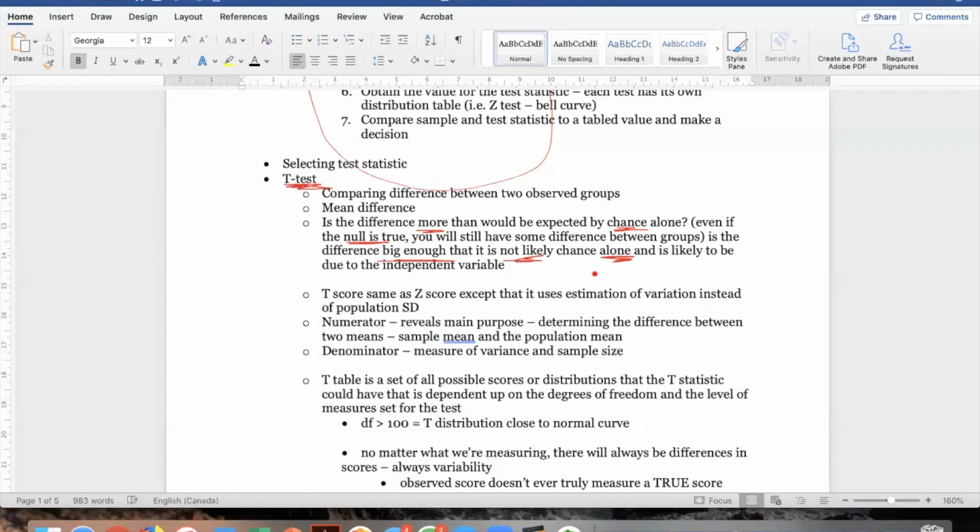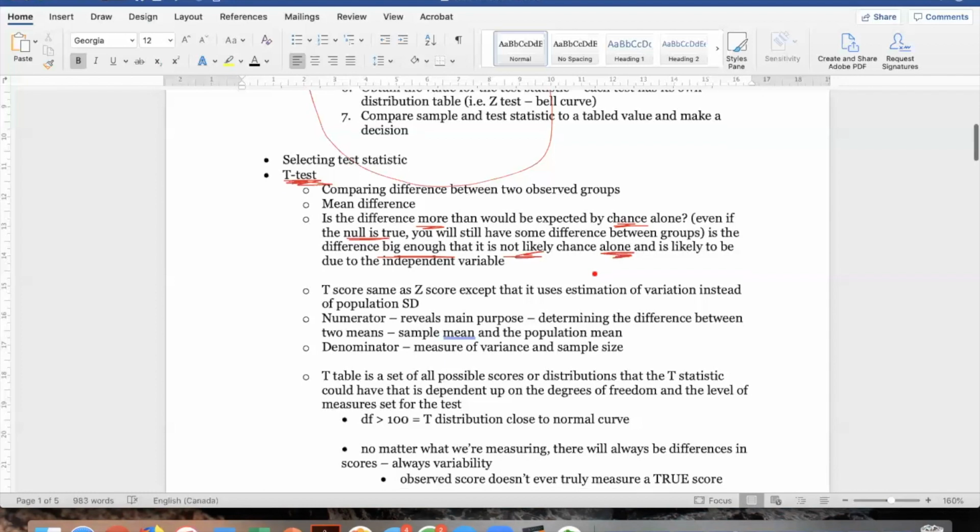Remember we talked earlier about R squared. It's the same thing. What's the chance that the outcome is based on the independent variable, and what's the chance that it's just a fluke?